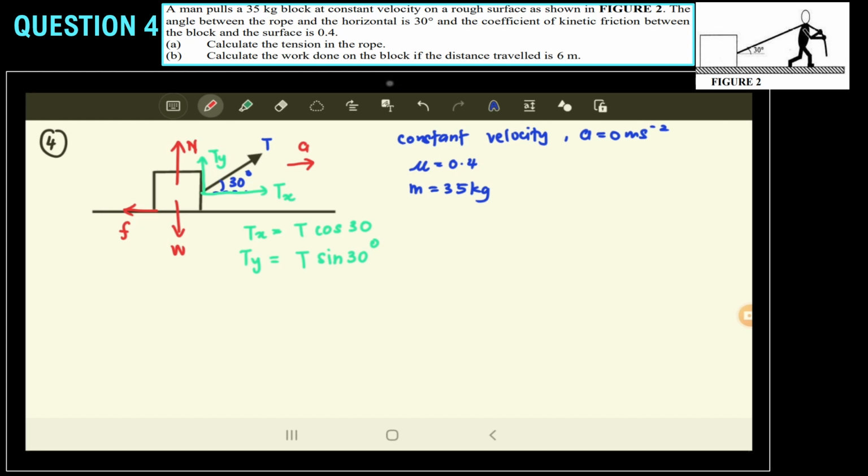So now calculate the tension in the rope. Question A. I will write total Fx is equal to ma and a is equal to 0 because of constant velocity.